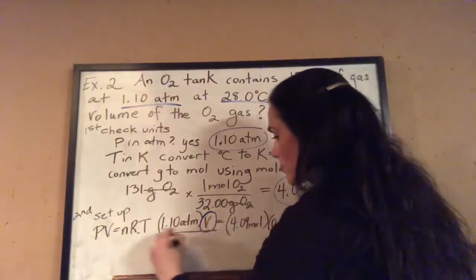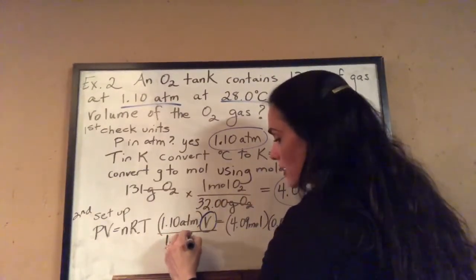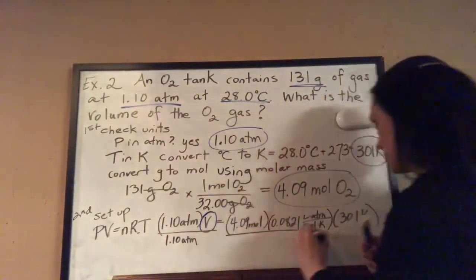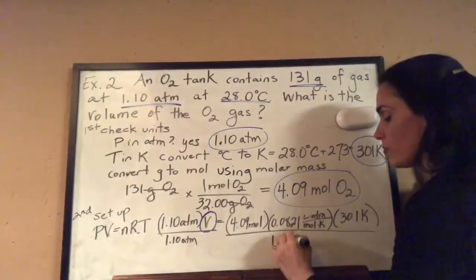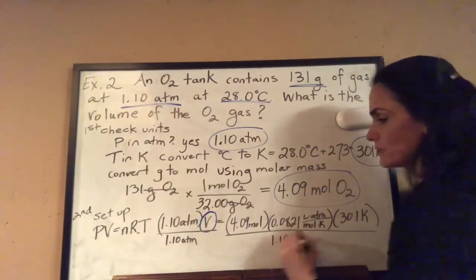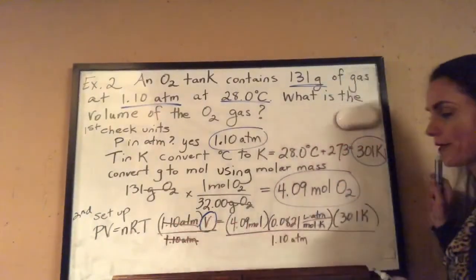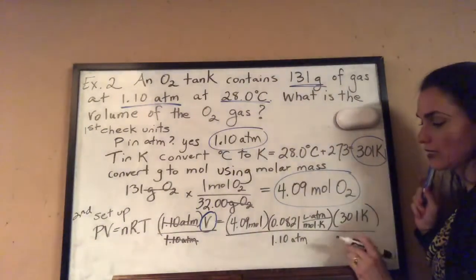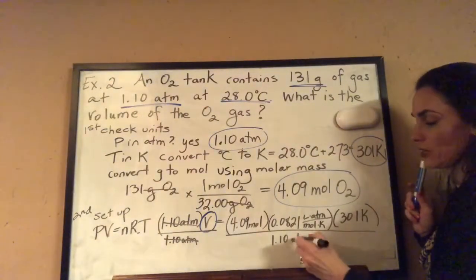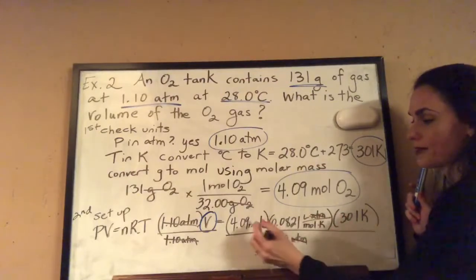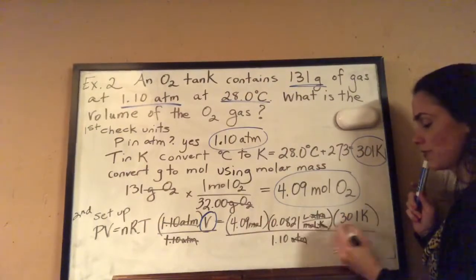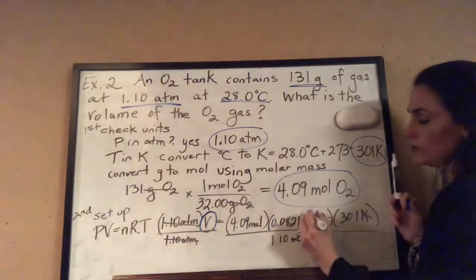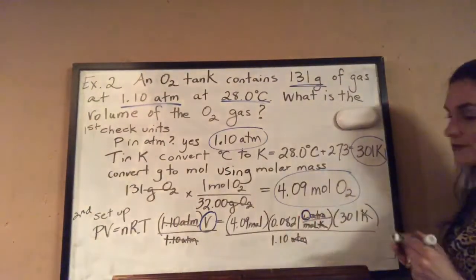Solving using algebra, divide both sides by the pressure of 1.10 atmosphere. Looking at the right-hand side, cancel out units that are similar: atmosphere, atmosphere; mole, mole; Kelvin, Kelvin. We are left with units of liters.